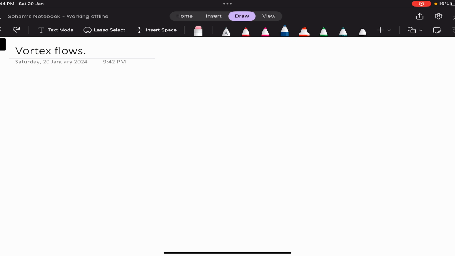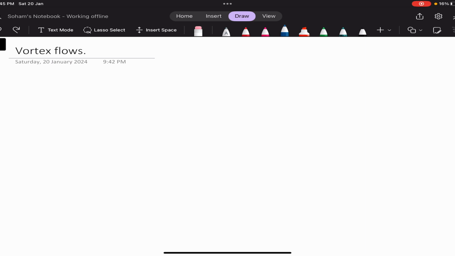It would be better to say that the fluid particles will revolve around a particular axis. That is, the fluid particles will follow a circular path.